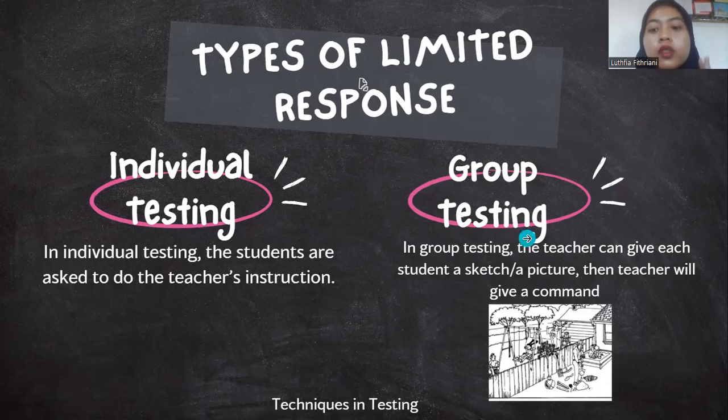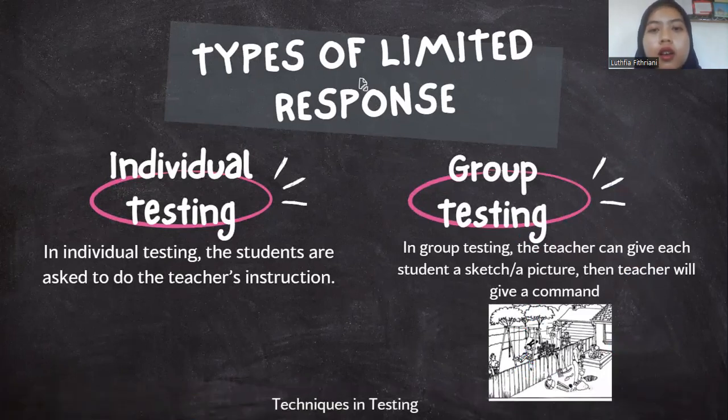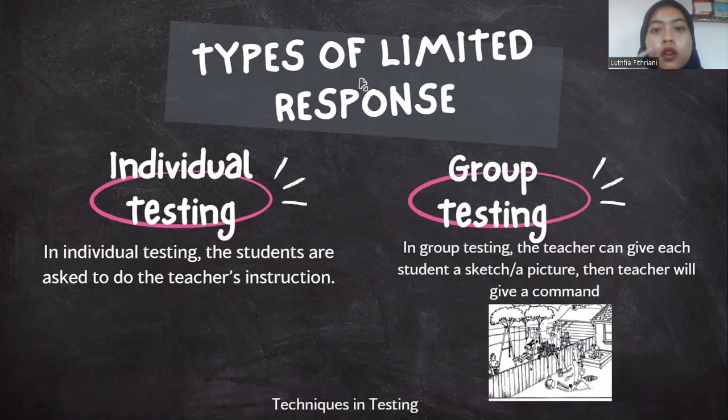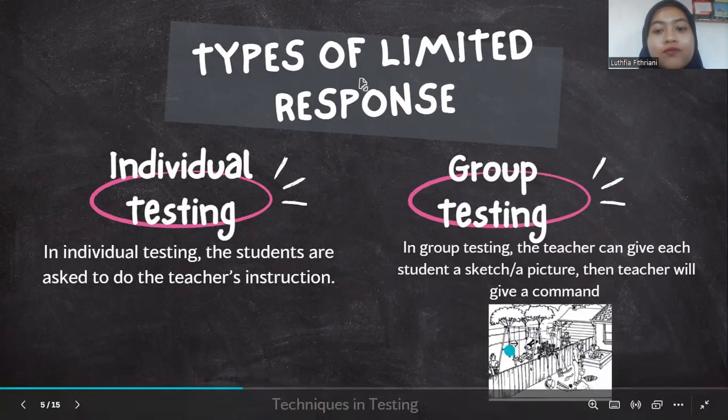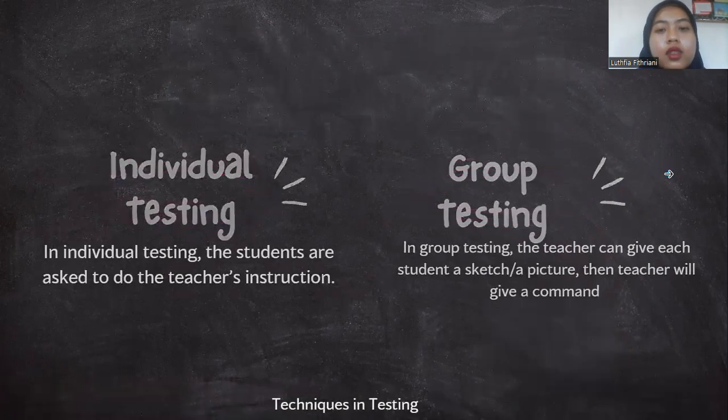For example, the teacher gives this picture to the students, and then asks, make a circle next to the tree. So the students have to draw a circle next to the tree. So that's the difference between individual testing and group testing.